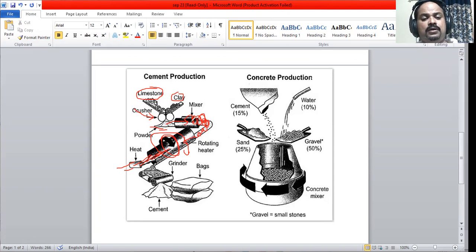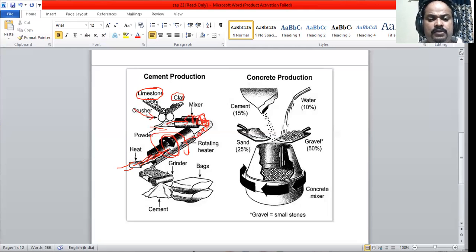So the fine powder is passed through the rotating heater and simultaneously heat is applied, and cement is almost formed. In the next step, it is ground into powdered form to obtain the final product, that is cement.